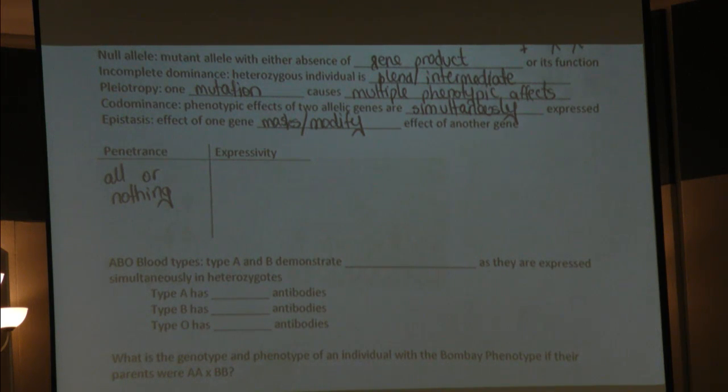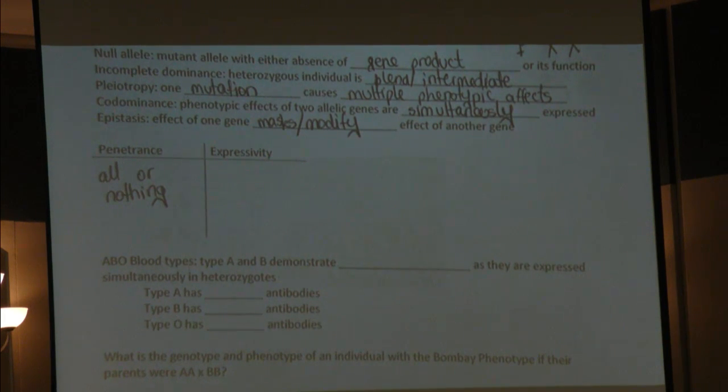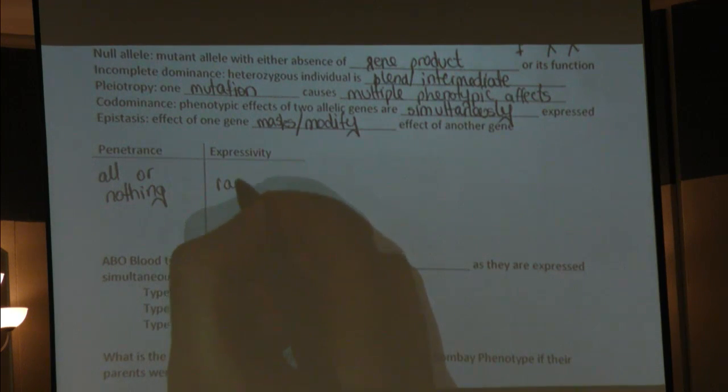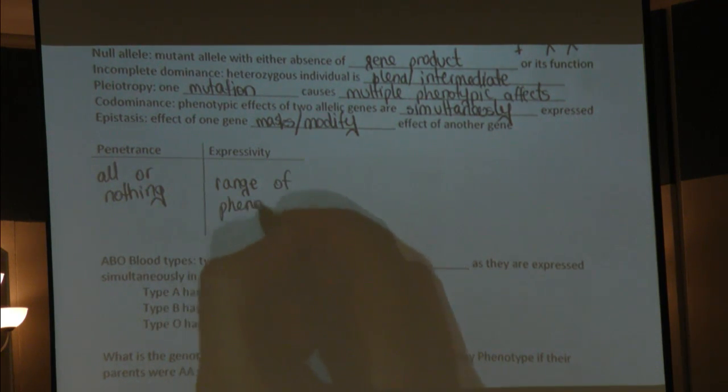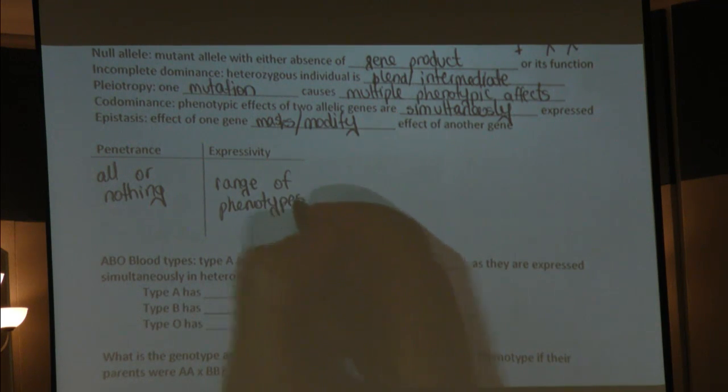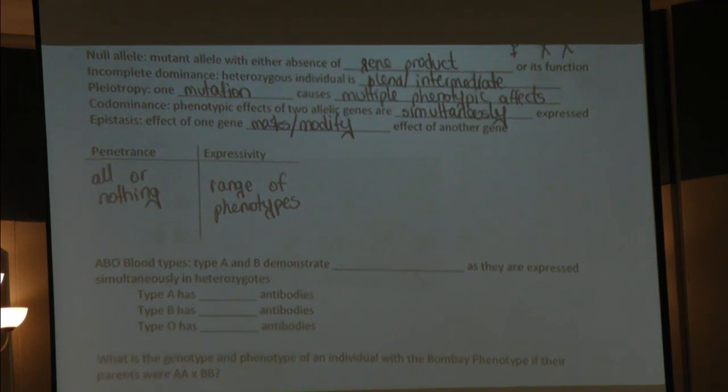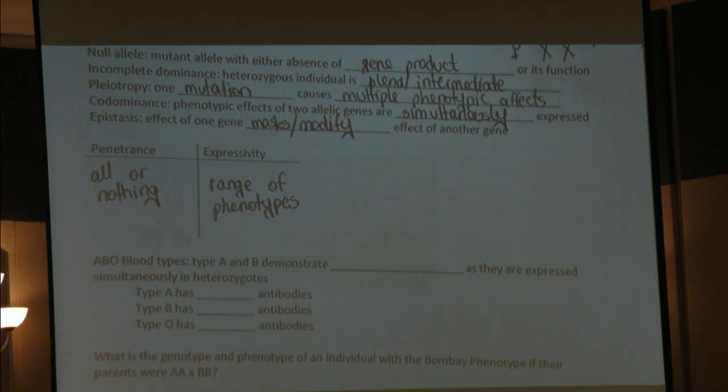So if it's a color, every single individual is going to have that color, or they're not. There is no other option. They do or they don't. Expressivity is a little bit more forgiving, in that you can have a range of phenotypes. So instead of having all or nothing, you might have one color, you might not have the color, or you might have somewhere in between.